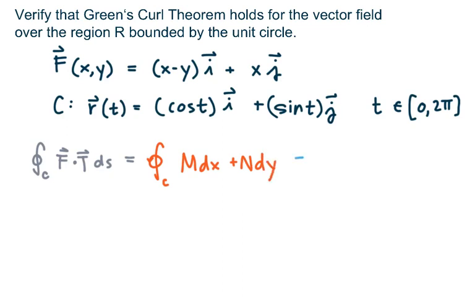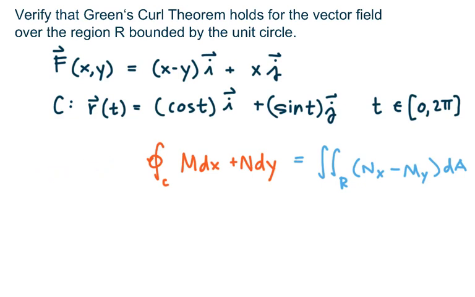And we want to show that that is equal to the double integral over R of N sub x minus M sub y dA. So we essentially just need to show here that the integral on the left, that directed line integral along the curve, is equal to the double integral on the right.